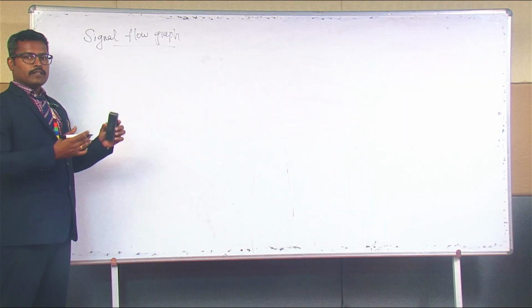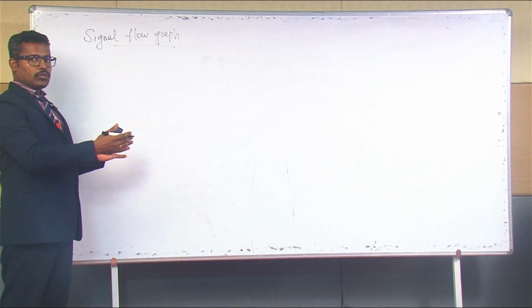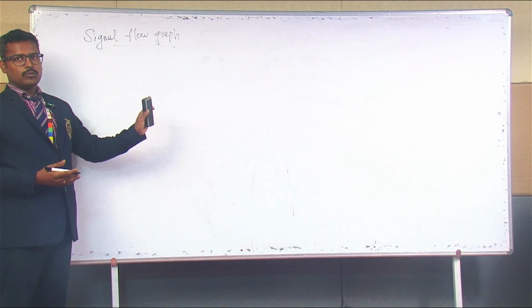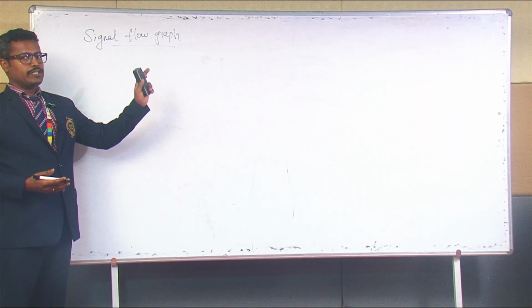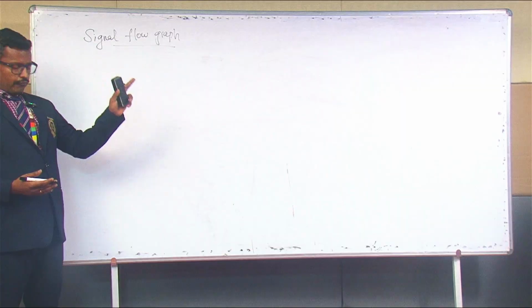Okay, so the block diagram representation of the system can be converted into a graphical representation of the control system, which is called a signal flow graph.